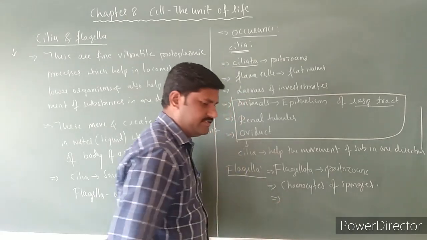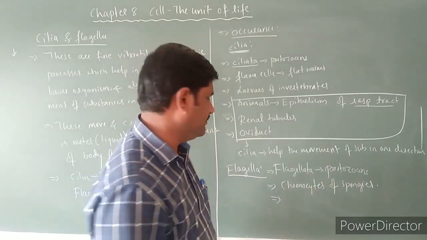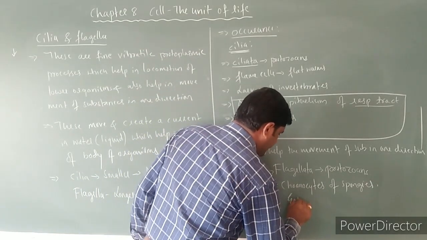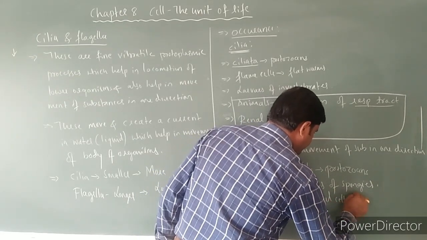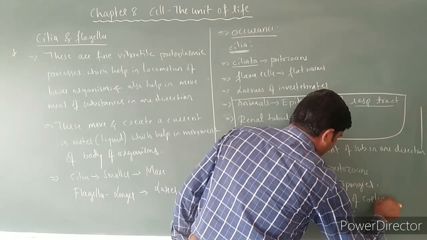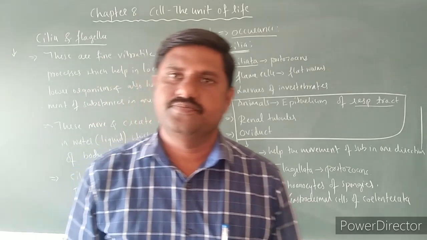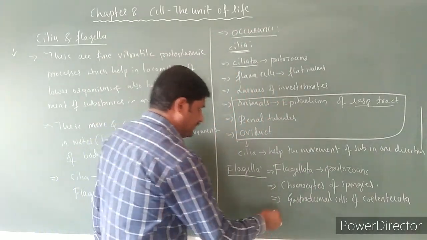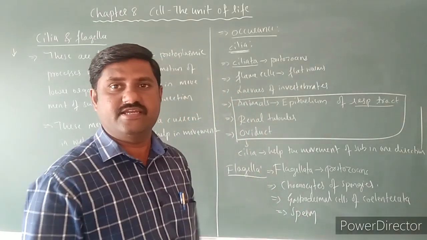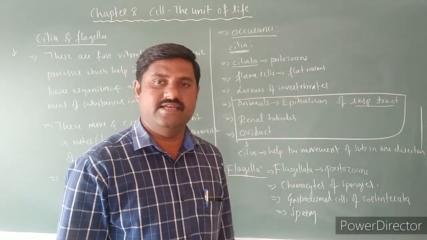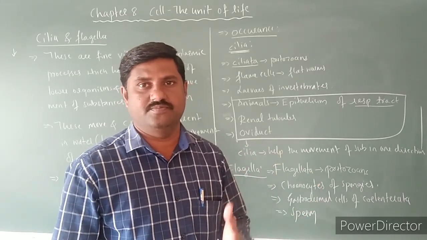Apart from this, the gastrodermal cells of Cnidaria also have flagella. Along with this, the human sperm has a flagellar structure, right? The tail itself is just like a flagellum, so it helps in the movement of the sperm.